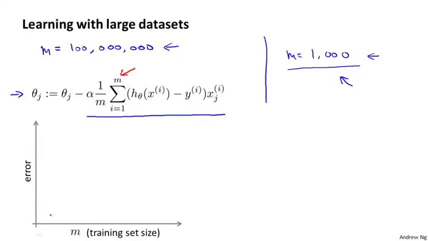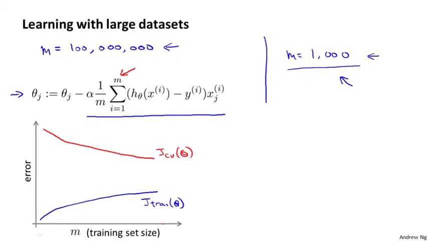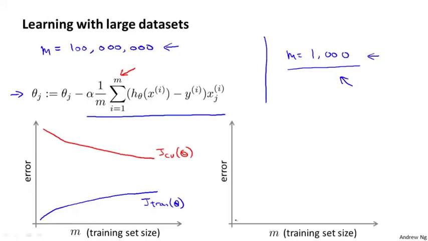If your training objective J train of theta were to look like this, and your cross-validation set objective J CV of theta were to look like this, then this looks like a high variance learning algorithm, and we would be more confident that adding extra training examples would improve performance.